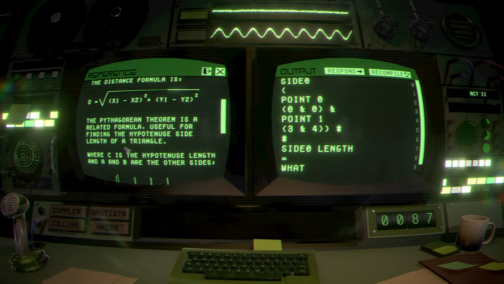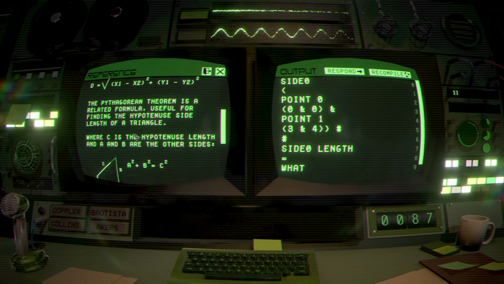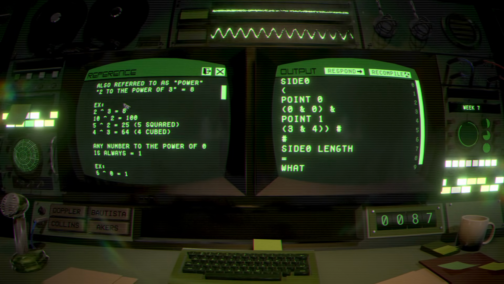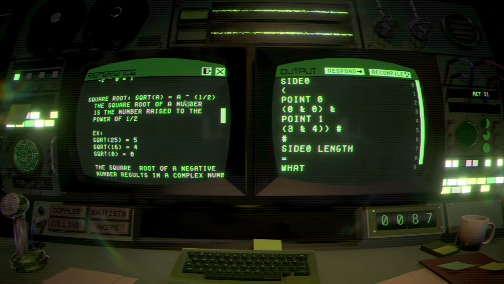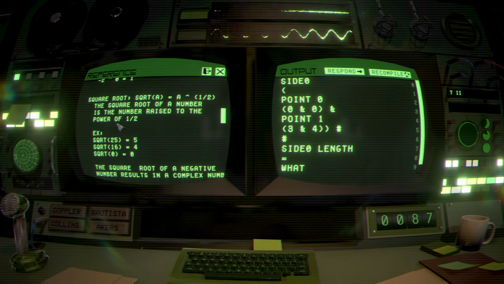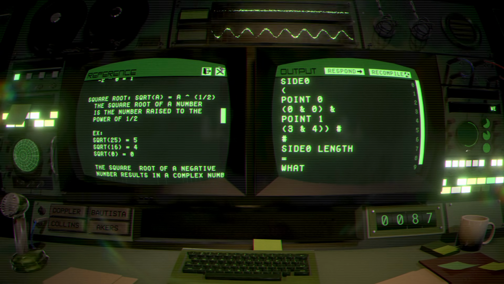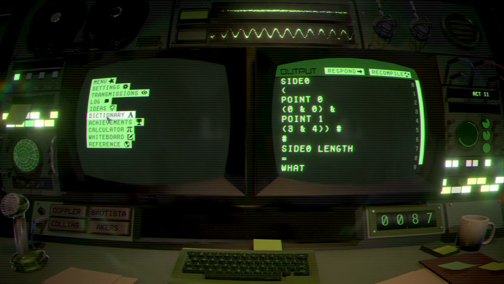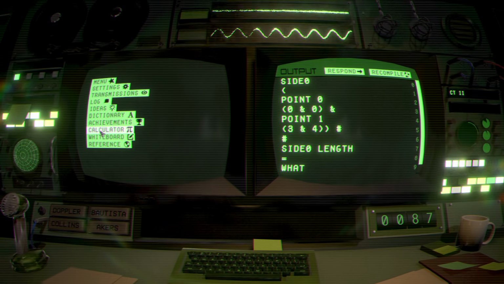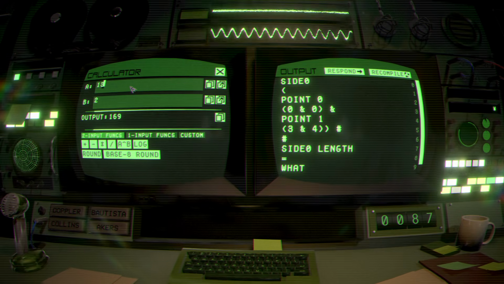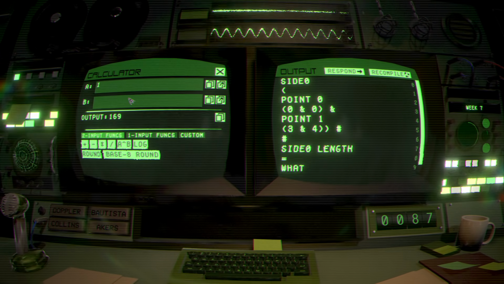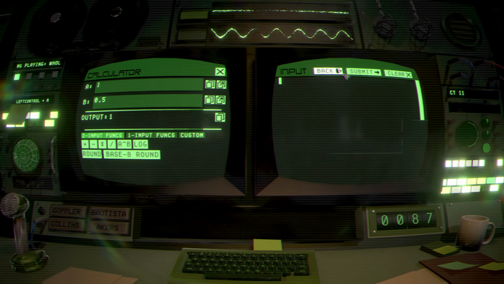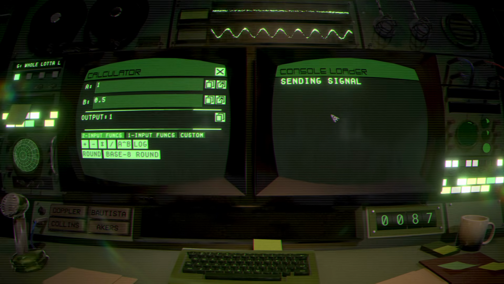What's the square root of 1? I find square root exponent of 0.5. I think the square root of 1 is 1, but let me be sure. It is 1. Okay. We're getting there. We're getting there.